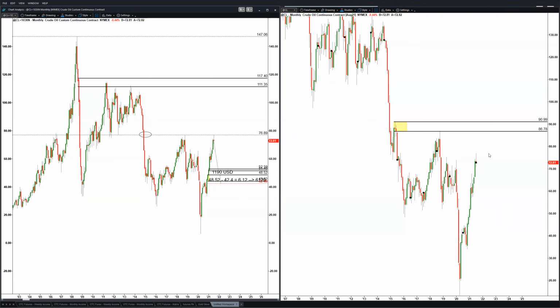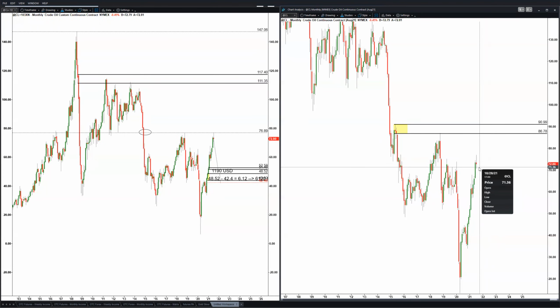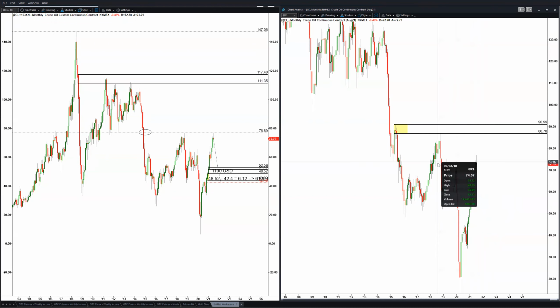Right? And right now, for instance, if you look at crude oil, we are basically located in a very quality rally-based drop, right? In a very quality monthly. This is the wider version, the preferred version.